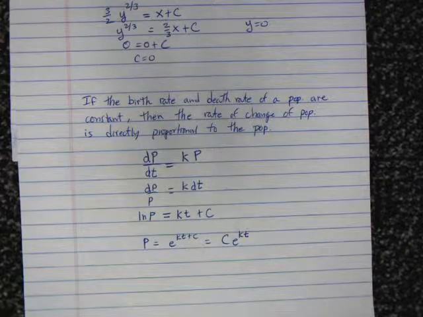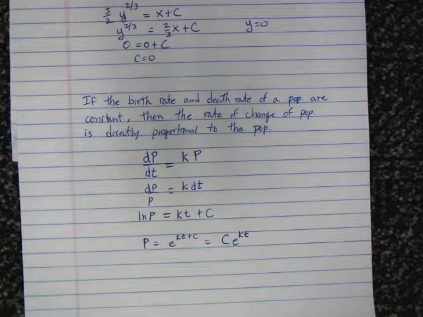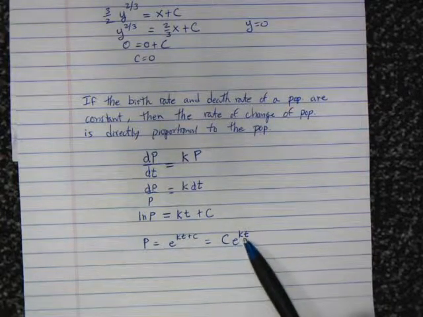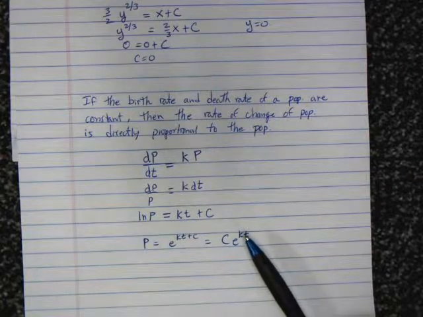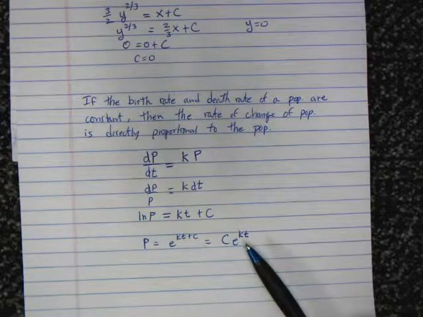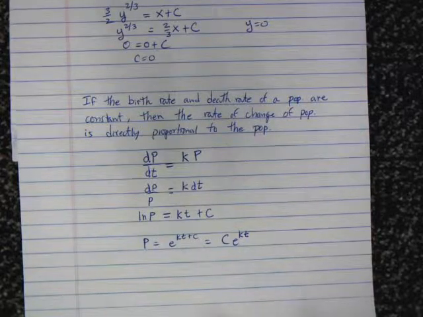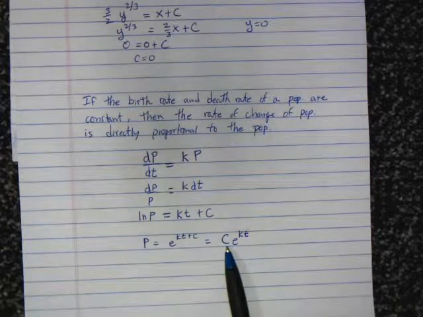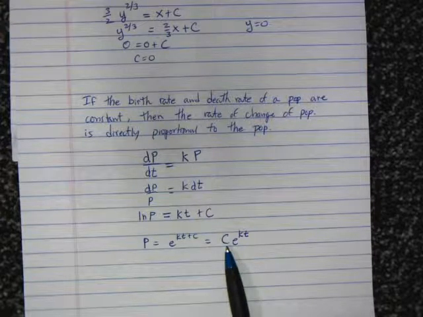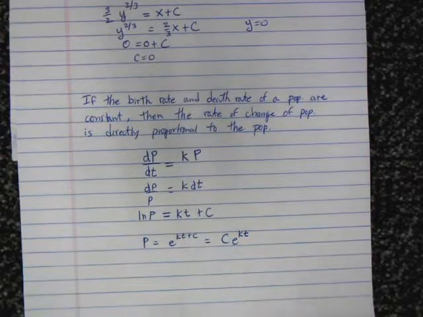And it's exactly the exponential growth formula when k is a positive number. If k is a negative number, it's the exponential decay formula. It's exactly what it is. C is something important. What's C? That's your initial population.